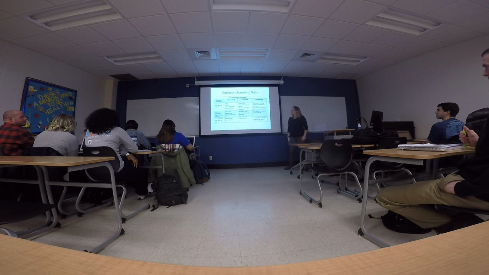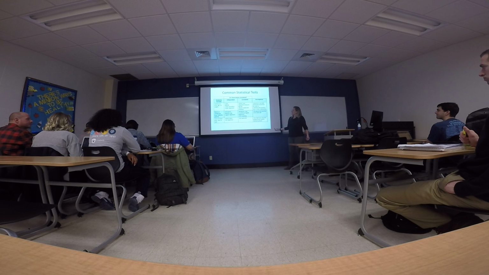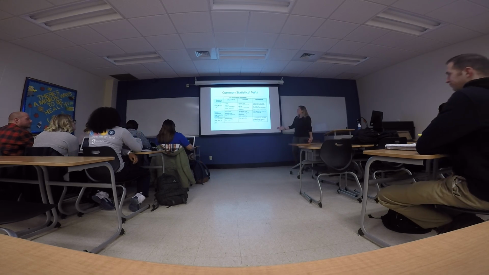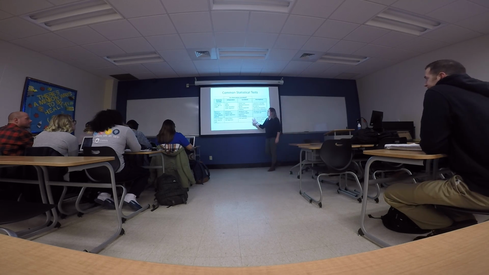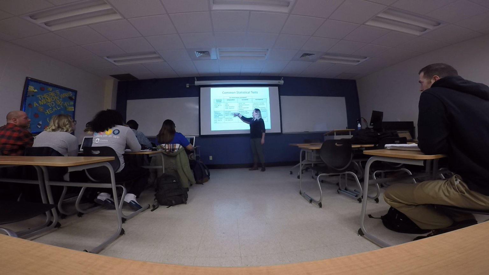So say you have an outcome variable that's age, and your observations are independent, then you can choose from a t-test, ANOVA, correlation, or regression, depending on what your research question is. We'll talk about assumptions in a little bit. And then if it's binary, then you become limited, right? Because it's just a totally different type of test that you're going to be doing.